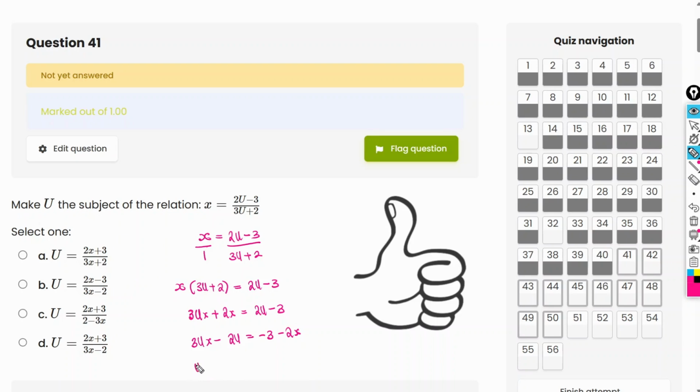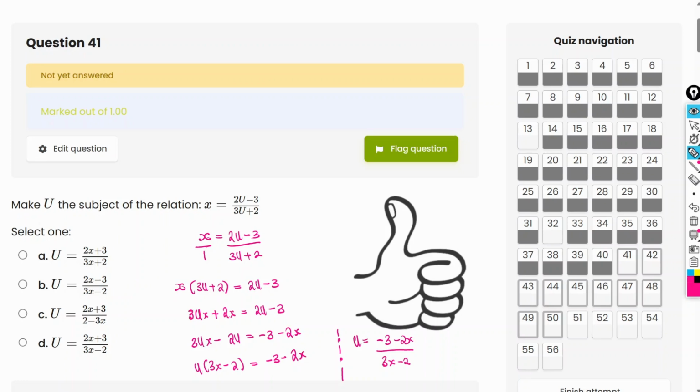I would have u bracket 3x minus 2, rather. My bad. Let me just take all of this out. So u bracket 3x minus 2 is equal to minus 3 minus 2x. That implies that u would be equal to minus 3 minus 2x divided by 3x minus 2.